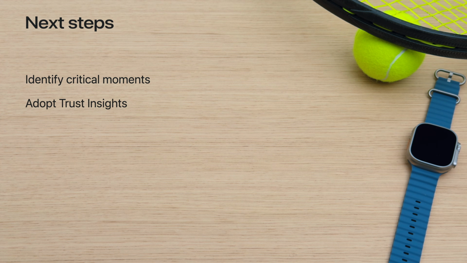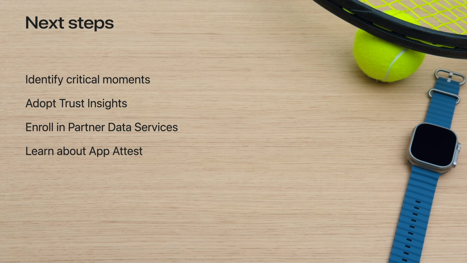From there, adopt the framework following the best practices and developer documentation. Register your business on Apple Business Register to learn about partner data services. You may also be interested in App Attest, a framework for verifying that server requests come from legitimate instances of your app.